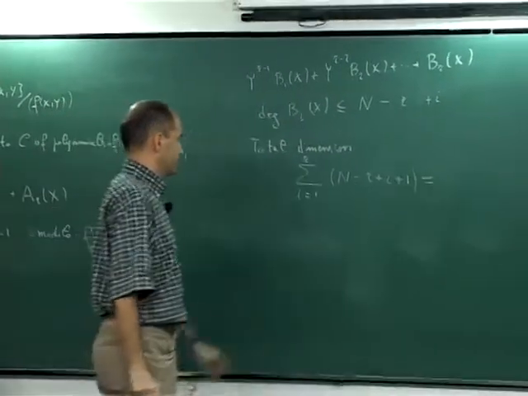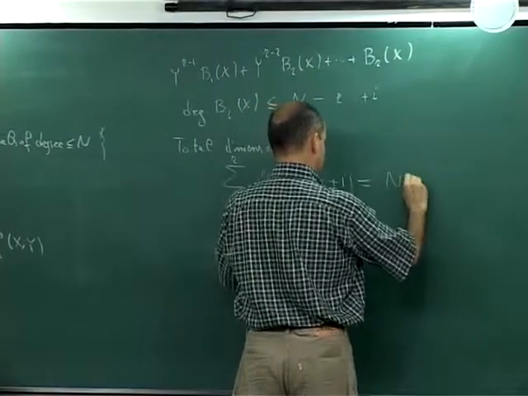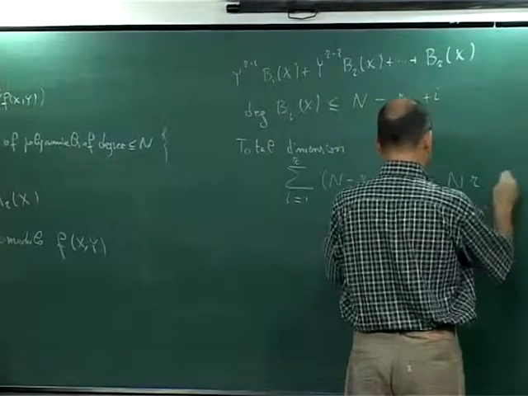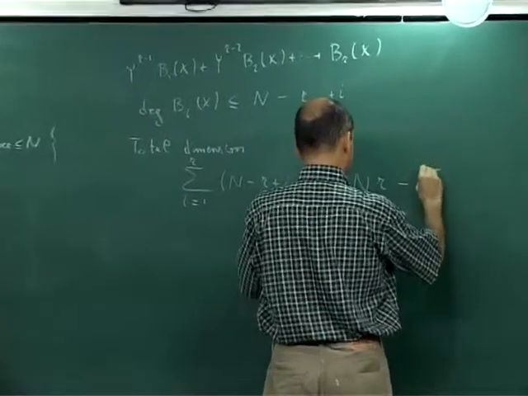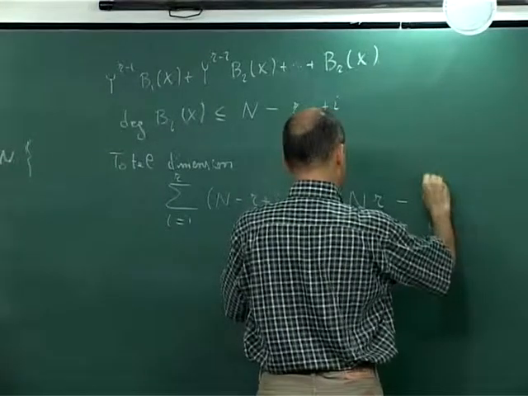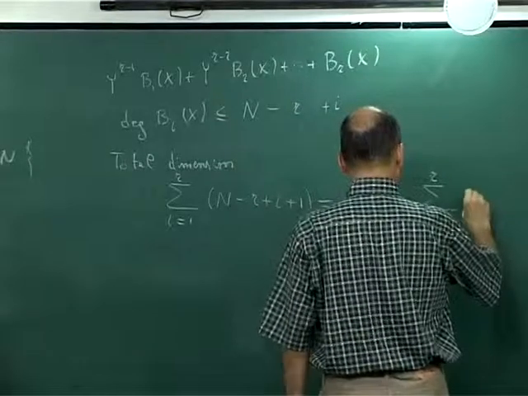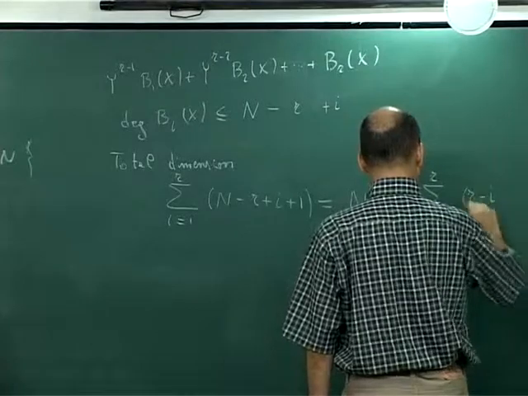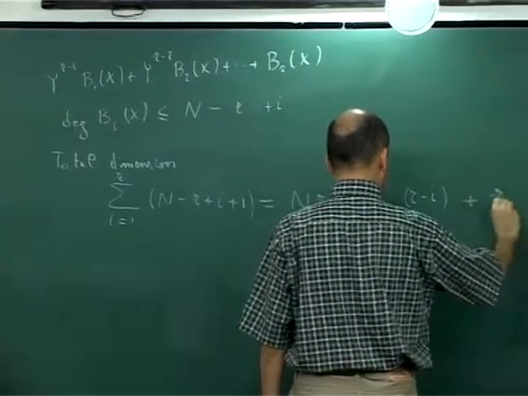So you obtain n times r minus the sum for i from 1 to r of (r minus i), and then plus r.